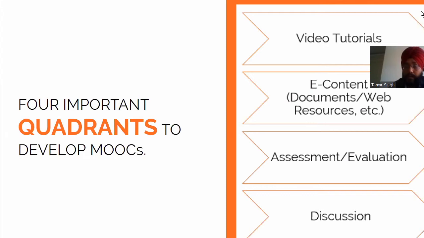The third important thing is assessment and evaluation. It is very much required: if you deliver a lecture, after that there should be an assessment process, which can be in any form, and we will discuss it. It is very important if we are going to develop any MOOC. And the last one is discussion.